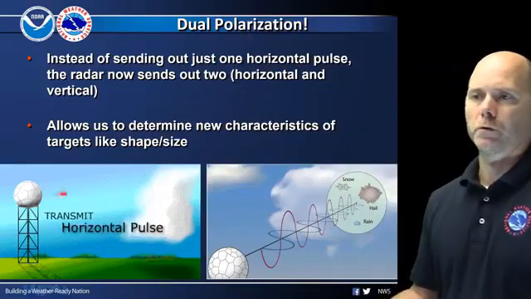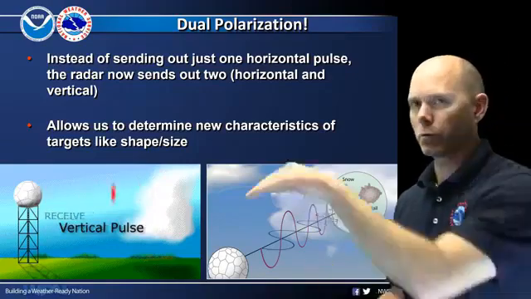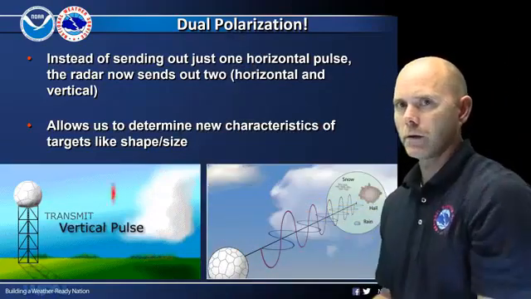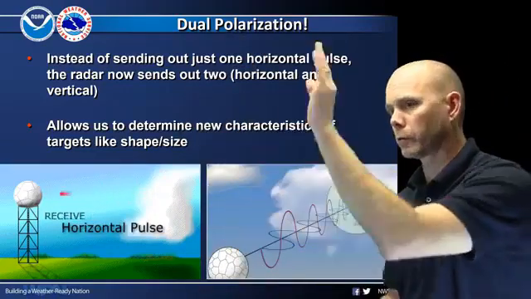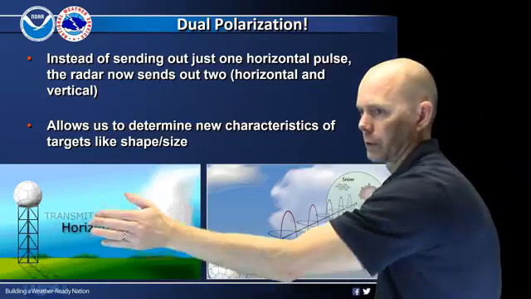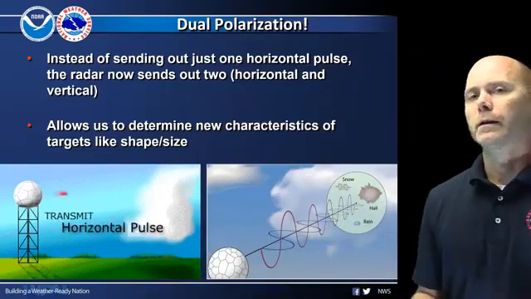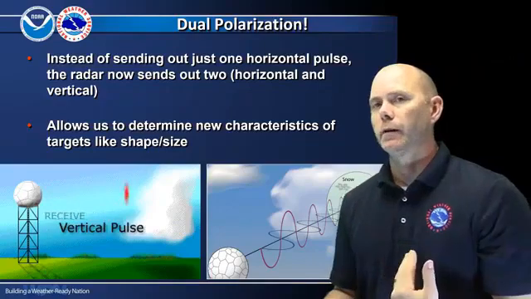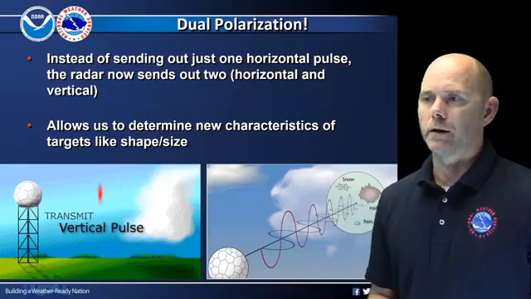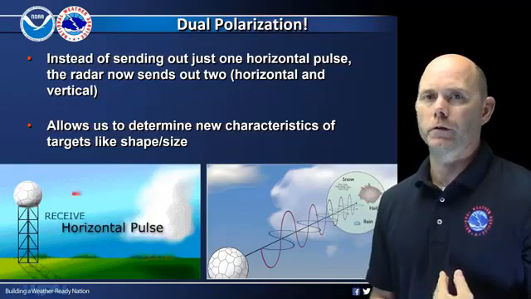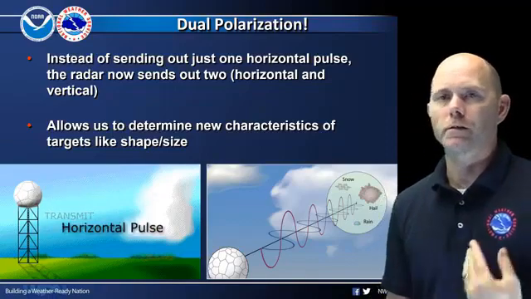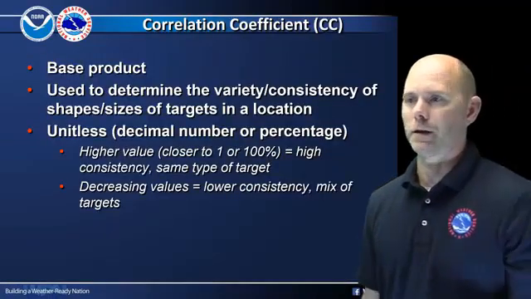Now with dual polarization, we're sending out a horizontally oriented pulse and a vertically oriented pulse. Depending on how much energy gets reflected back from a scatterer with the horizontally and vertically oriented pulse, you can get a sense of the shape of the target you're hitting.